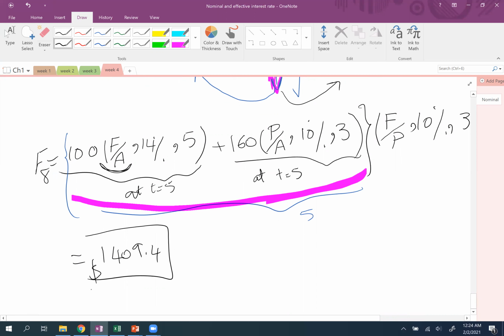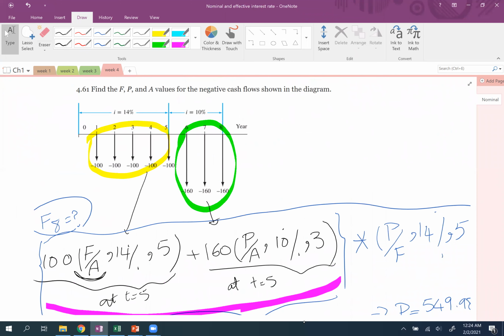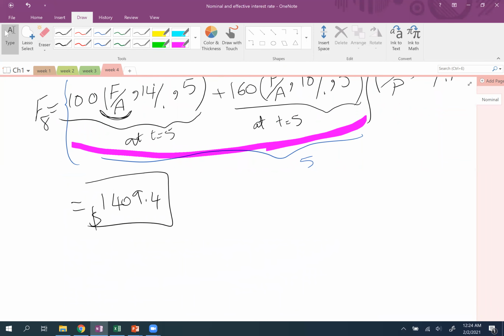dollars. The question is also asking us to convert whatever you have to equal amounts from time 1 to 8. So really, if you want to do that, the question is looking for A, 1, 2, 3, all the way to 8.